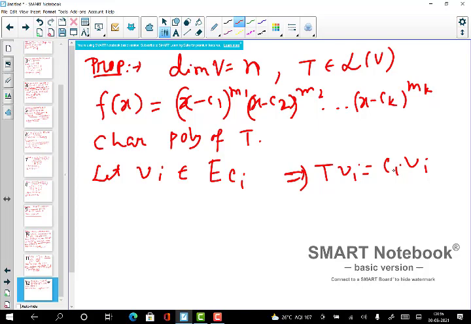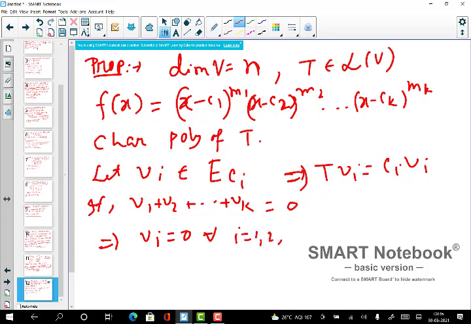So if v1, v2, ..., vk, with eigenvalues c1, c2, ..., ck, and if v1 plus v2 plus ... plus vk is 0, this implies vi equals 0 for all i equal to 1 to k.